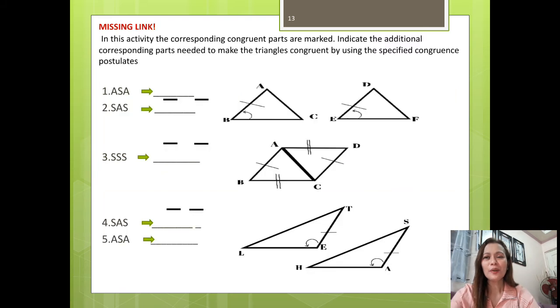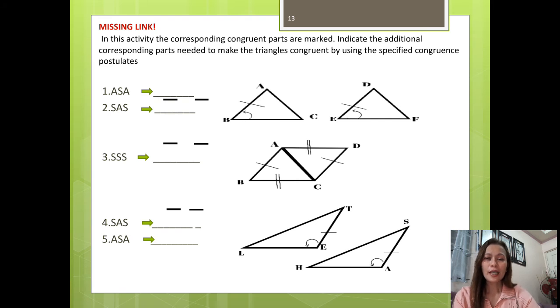Okay, another example. Missing link. In this activity, the corresponding congruent parts are marked. Indicate the additional corresponding parts needed to make the triangles congruent by using the specified congruent postulate. Number 1, ASA. Refer to the figures at the right.